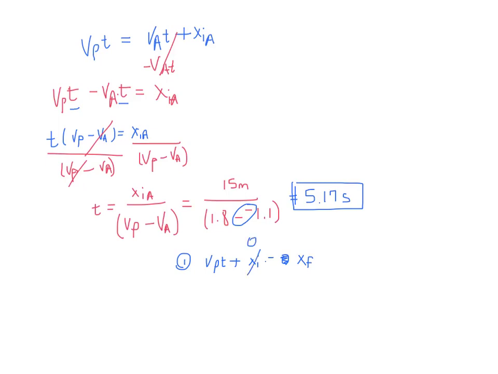Her initial position was equal to 0, so all I need to do is plug in some numbers. 1.8 meters per second times 5.17 seconds gives me 9.306, or just 9.3, it's fine, meters. This is the position in which they collide.